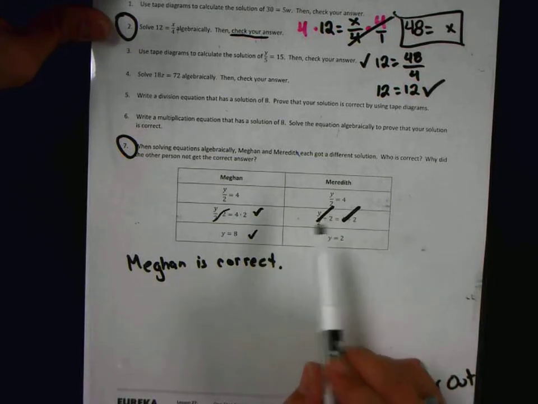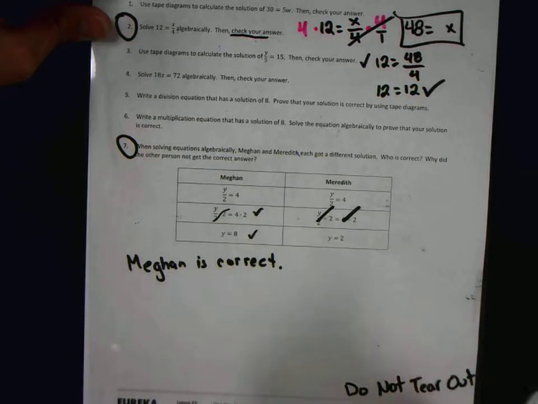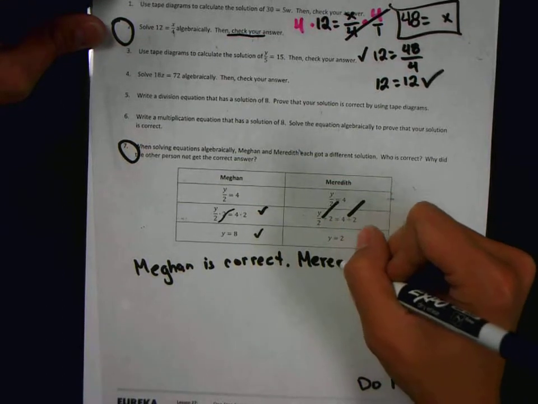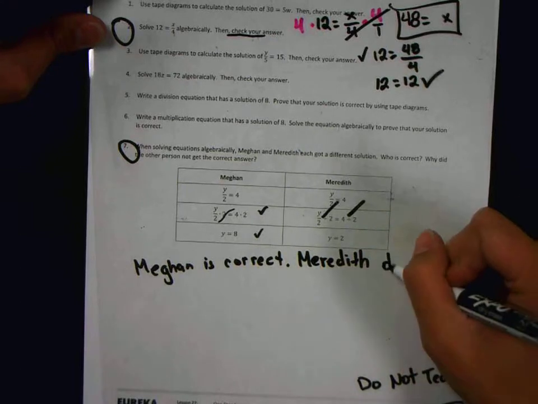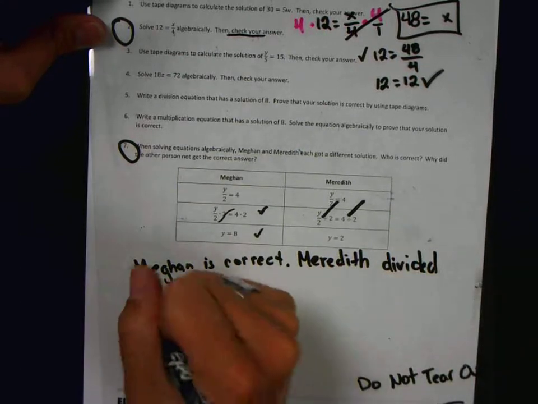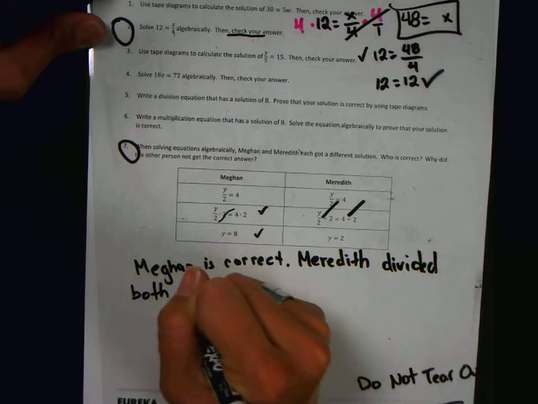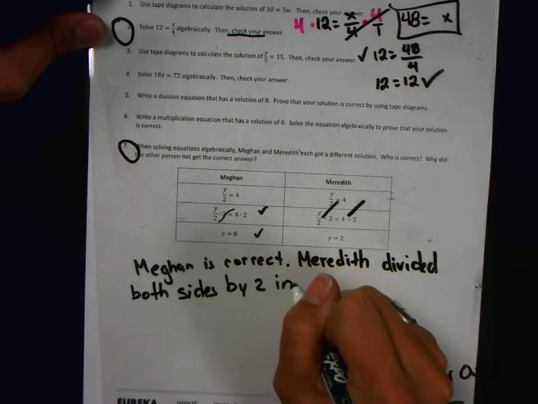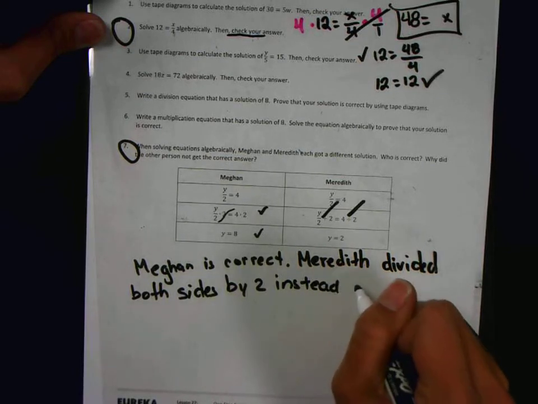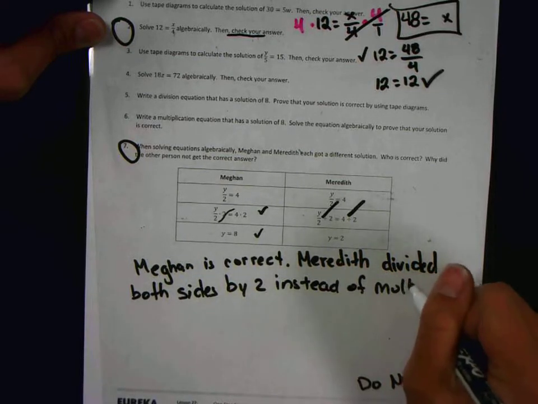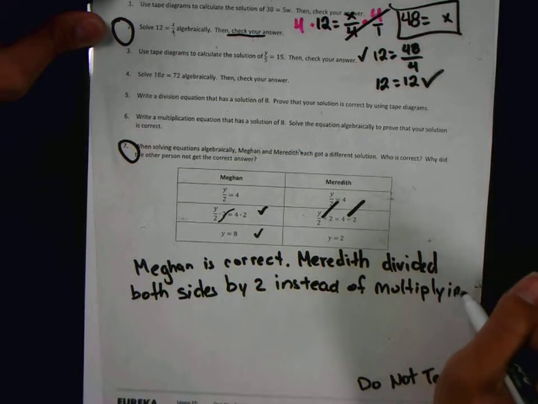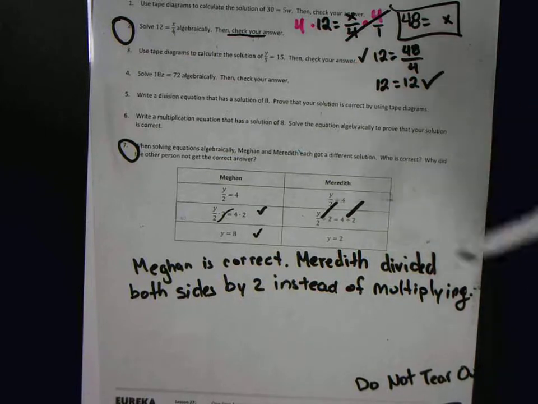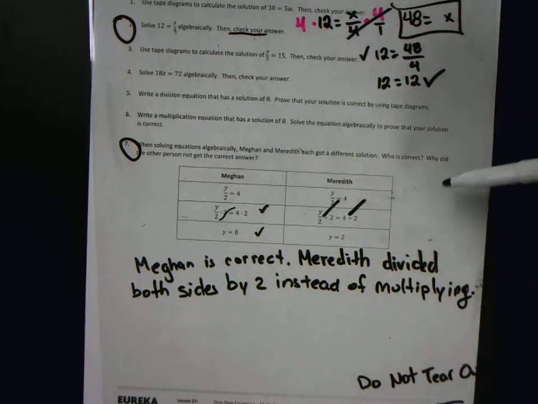So Meredith divided both sides by 2 instead of multiplying. So again, we answered both questions in our problem: Megan is correct, and Meredith divided both sides by 2 instead of multiplying. That's why Meredith did not get the correct answer.